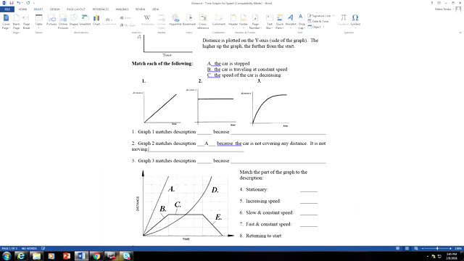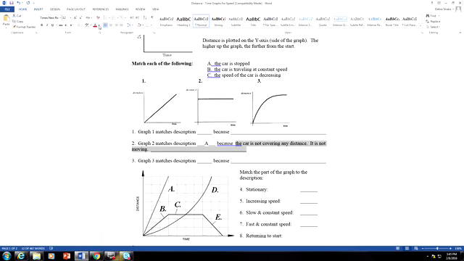And you don't have to type everything in that I have here. I'm going to highlight this for you guys so you can see it. Oh, that didn't help. Hold on a minute. Undo that. I'll get the highlighter out here for you guys. Okay, so we said that it's letter A because the car is not covering any distance, it's not moving. And you don't have to write all of that in. Either one of those descriptions will work.